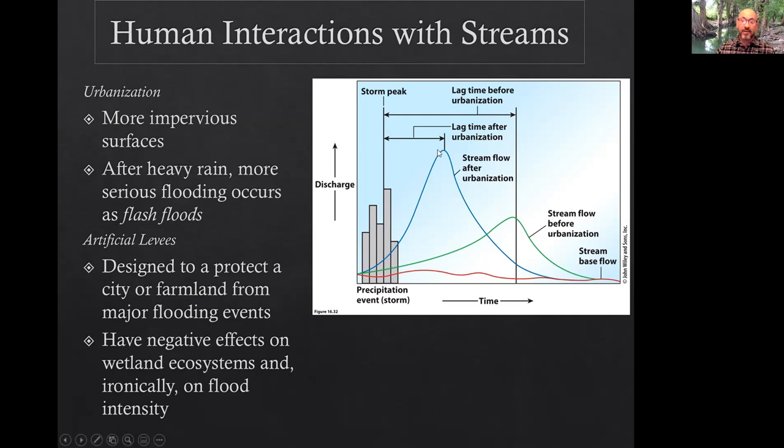And you can see that it's the same amount of water from point A to point B, time A to time B, but it just all gets there sooner at the same time and causes flooding to occur. And the river's like, it's not my fault. That stuff was supposed to percolate.